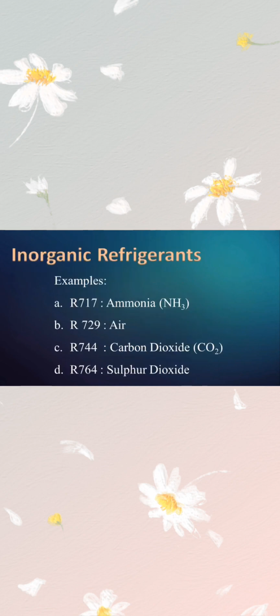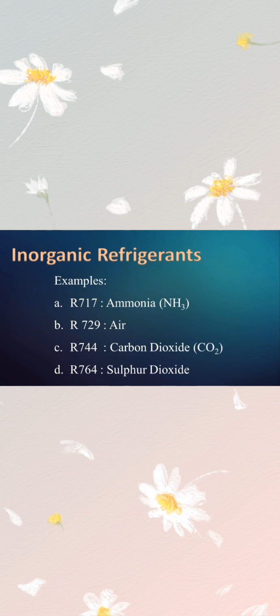Inorganic refrigerants. They are conventional refrigerants like ammonia, air, carbon dioxide, sulfur dioxide. These refrigerants are designated by the R7 series. For example, R717 is ammonia. Here, R7 is followed by the molecular mass of the refrigerant. For ammonia, the molecular mass is 17.